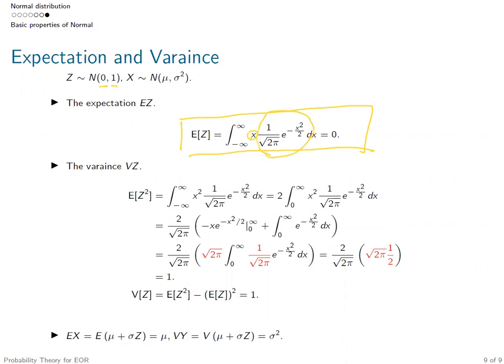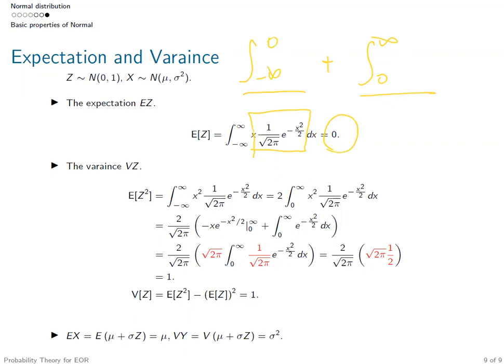If we take a close look at this density, it is an odd function, right? The value from negative infinity to 0 cancels exactly the value from 0 to positive infinity. So altogether, they deliver 0. The expectation is quite clear.